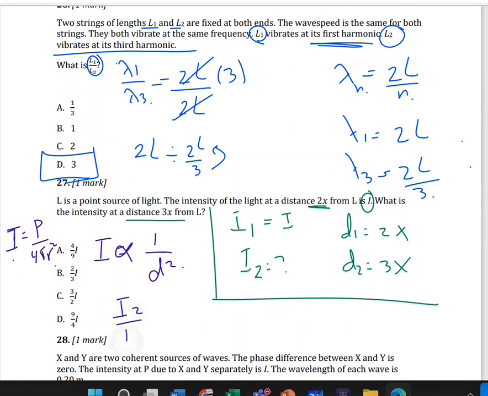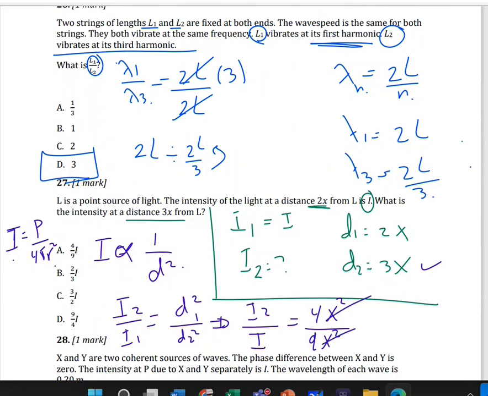I2 over I1 equals D1 squared over D2 squared. Now substitute. I1 is I, D1 is 2x squared, it will become 4x squared. D2 is 3x squared, so it will become 9x squared. x squared and x squared cancel out.